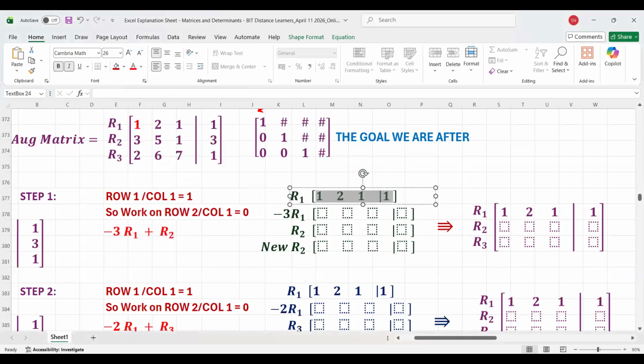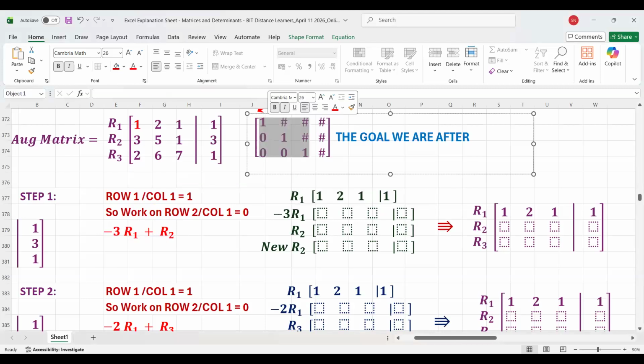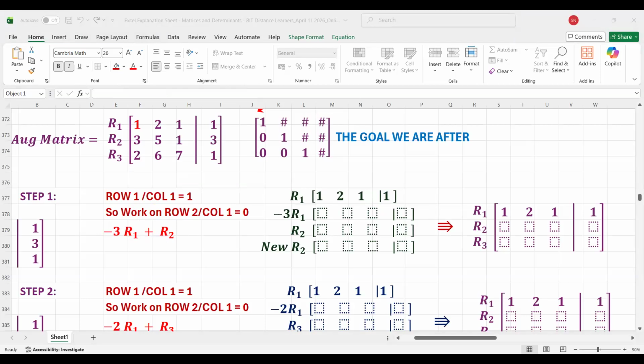Please, if you can't hear me, kindly read from the chat room. So we leave row 1 and do not reduce anything.